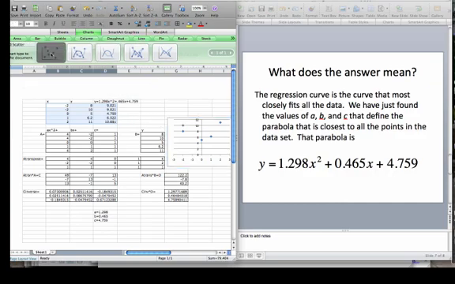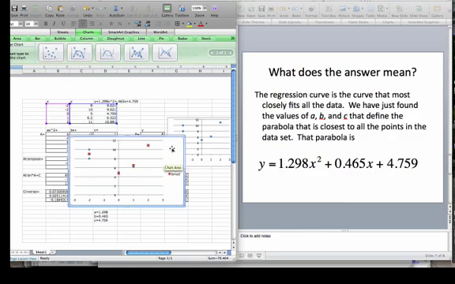So I want a scatter plot with all of them. Okay, well look, these points are fitting pretty closely, and this one is as close as it can get to both of those. So this equation is the parabola going through these red points that gets closest to the points which I originally had.